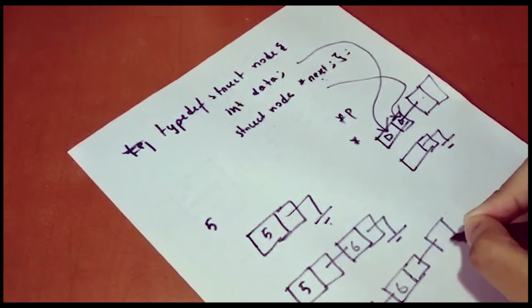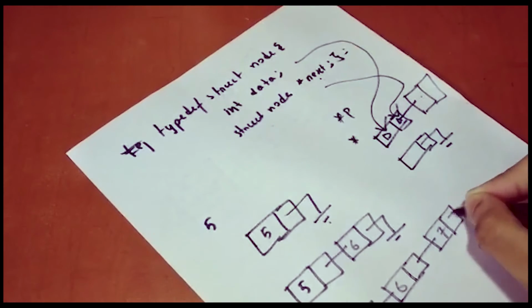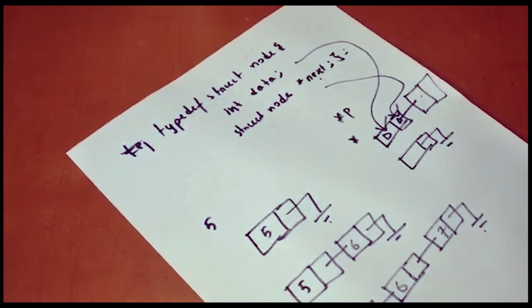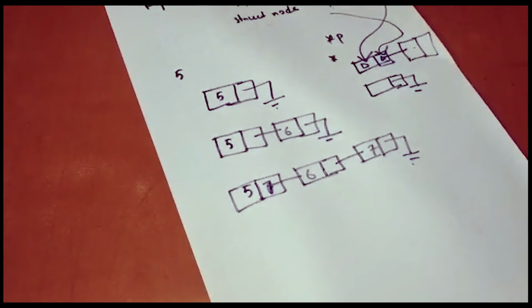It will store the address of 7, and 7 will be stored. 7 will store the address of null. So this is how the mechanism works. This is how a singly linked list is created. It's a very easy topic. It's not as hard as it sounds.